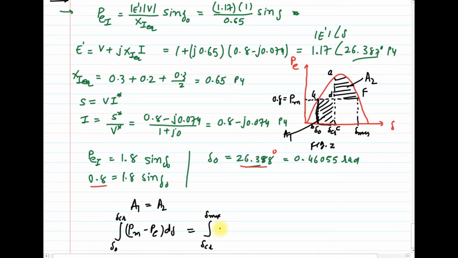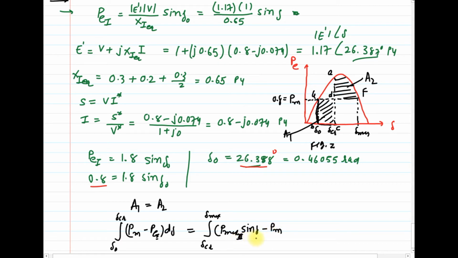Sorry, PE minus PM. PE minus PM, as it is deceleration from F to E. So it is Pmax sine delta, or if you wish you can write it as P2 over here, not Pmax 2, it is Pmax 3, or Pmax sine delta, minus PM.